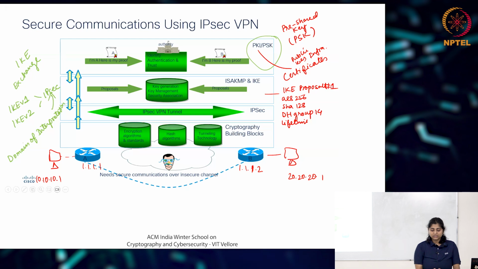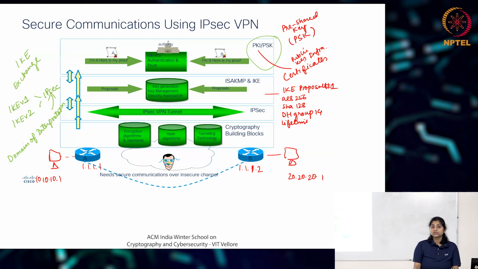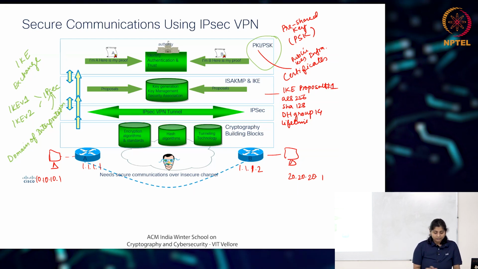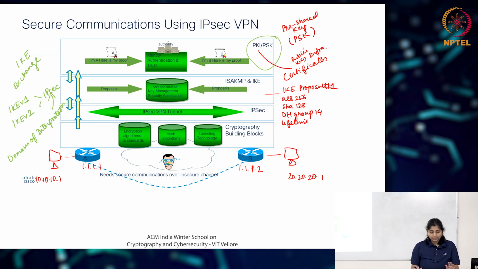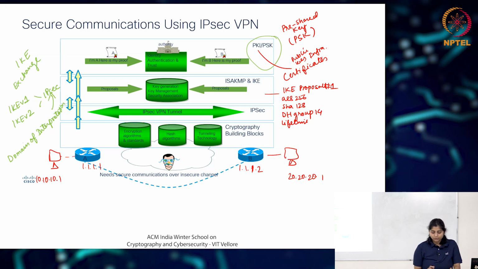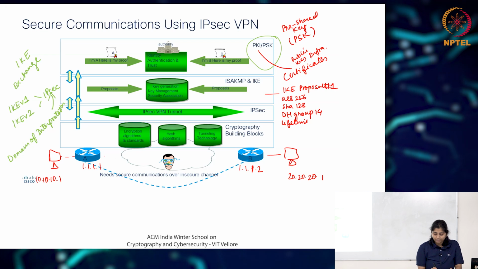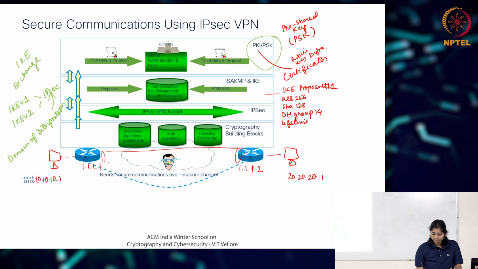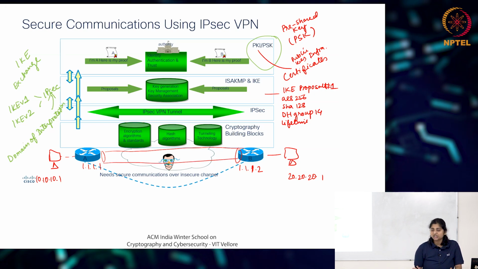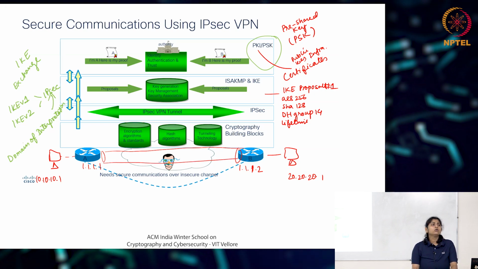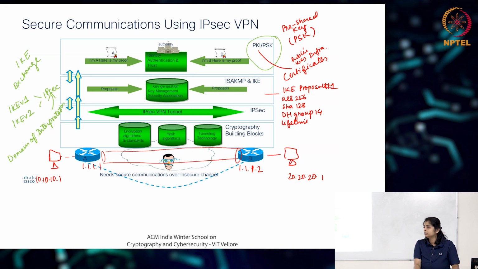These two routers are trying to establish the VPN, and these are the two PCs connected to the routers. So the proposal exchange will happen here. Once the proposal exchange happens, we also need to know which PCs we are talking to, right?